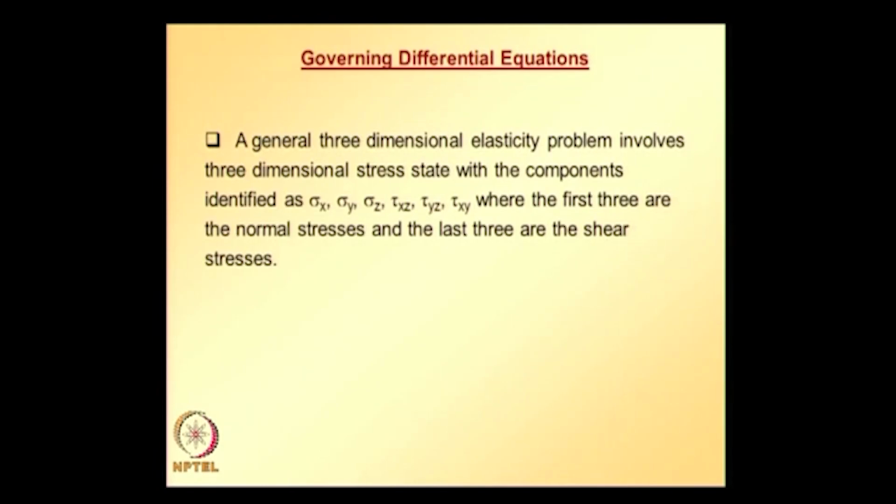A general 3-dimensional elasticity problem involves 3-dimensional stress state with components identified as sigma x, sigma y, sigma z, tau x z, tau y z, tau x y, where the first 3 are normal components and the last 3 are shear components.